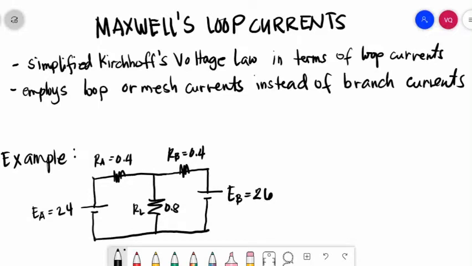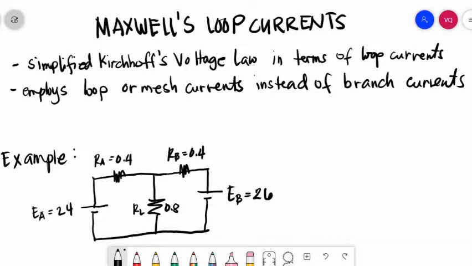Here the currents in different meshes are assigned continuous paths so that they do not split at a junction into branch currents. So this method eliminates a great deal of tedious work involved in the branch current method and is best suited when energy sources are voltage sources rather than current sources.